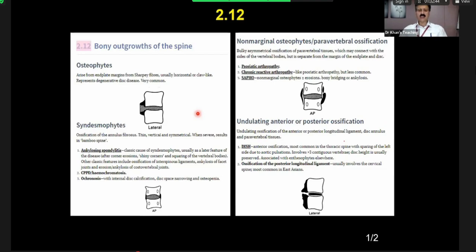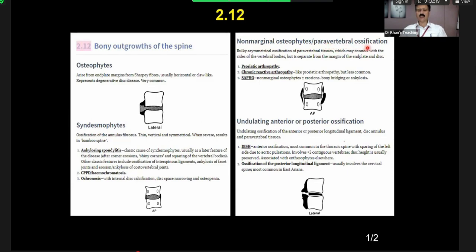So you will see the same words being used interchangeably in literature. But I like the concept which is given here in Chapman, and I want you to follow this. The word syndesmophyte is something else, and the word non-marginal osteophyte, or better, paravertebral ossification, I found more useful.